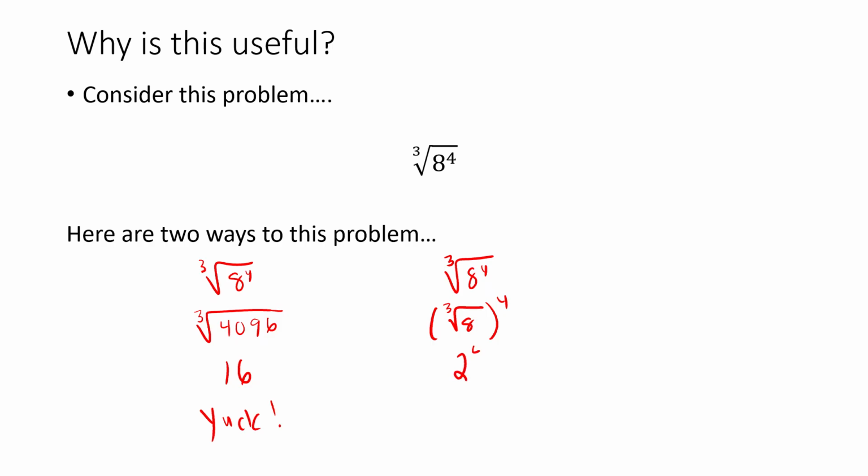And now my answer is 2 to the 4th power, which is another one that I know. 2 times 2 is 4, times 2 is 8, times 2 is 16. So essentially it allows me to do that one in my head. And that little fact can give you some flexibility so that you're not reaching for your calculator and tangling with numbers like 4,096, because nobody likes that anyway. So that is why it's useful.